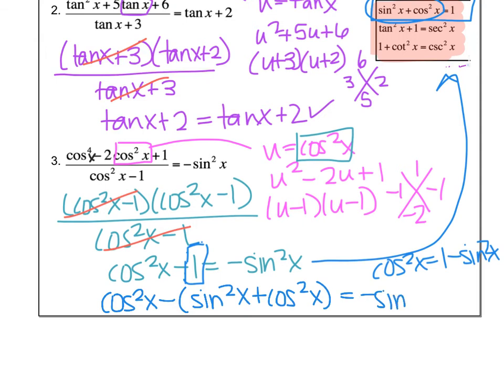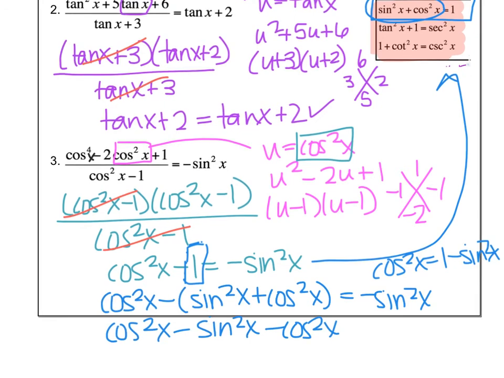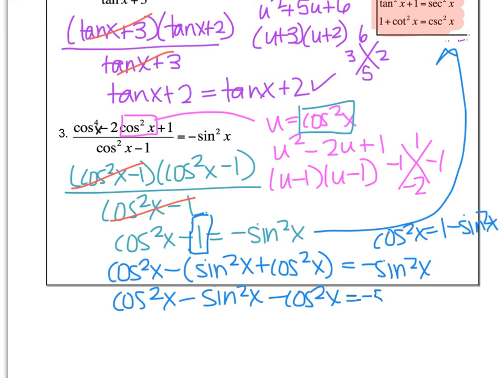That's going to be important. And again, our goal is to get it to be negative sine squared x. You have to distribute that negative to both of them. So it's negative sine squared x minus cosine squared x equals negative sine squared x. And then the cosine squareds cancel. And I get negative sine squared x equal to negative sine squared x. Check.